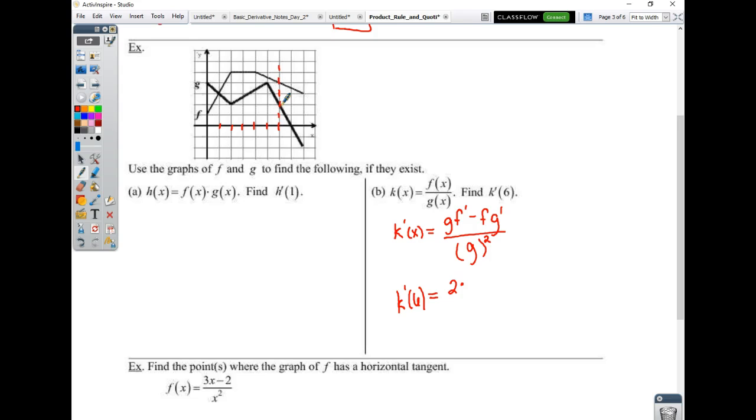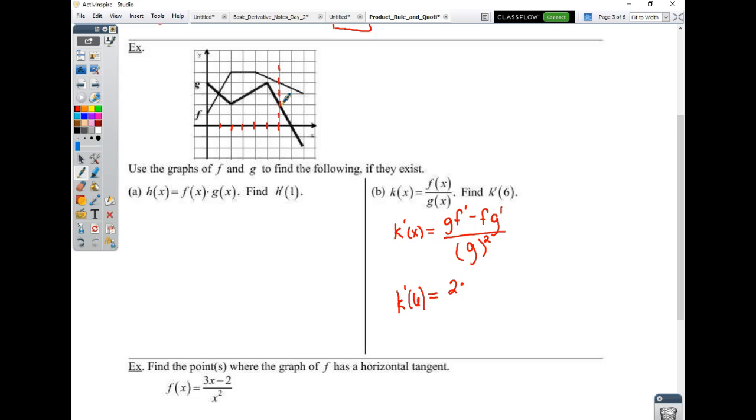Y'all are just guessing numbers and not thinking, what is f prime? Slope of what? Slope of the tangent line of f, right? So what do you think the slope is going to be? No, not -2.